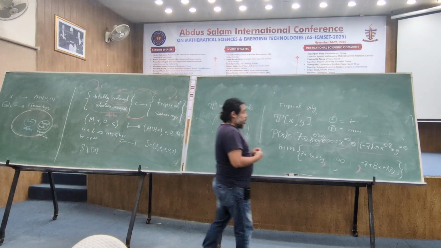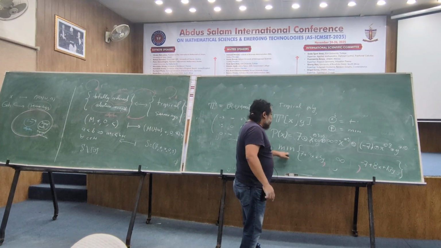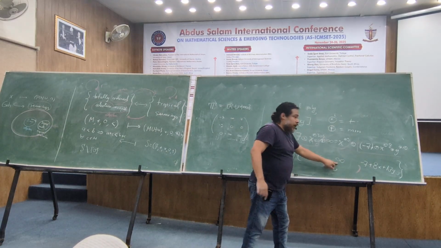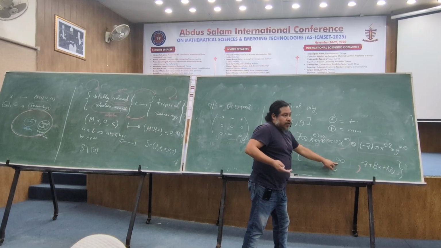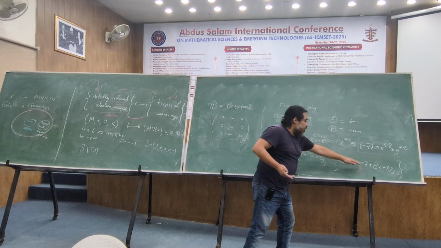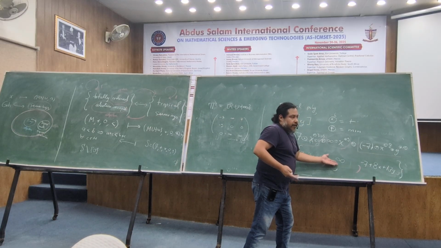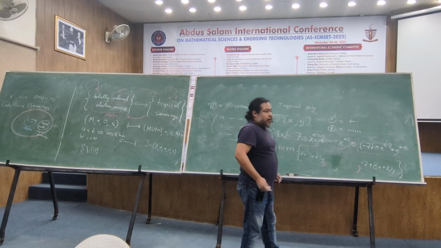No, because infinity means that the minimum of something, and infinity is like if it is not here. Because the minimum of something is always less than infinity, so I can erase it.